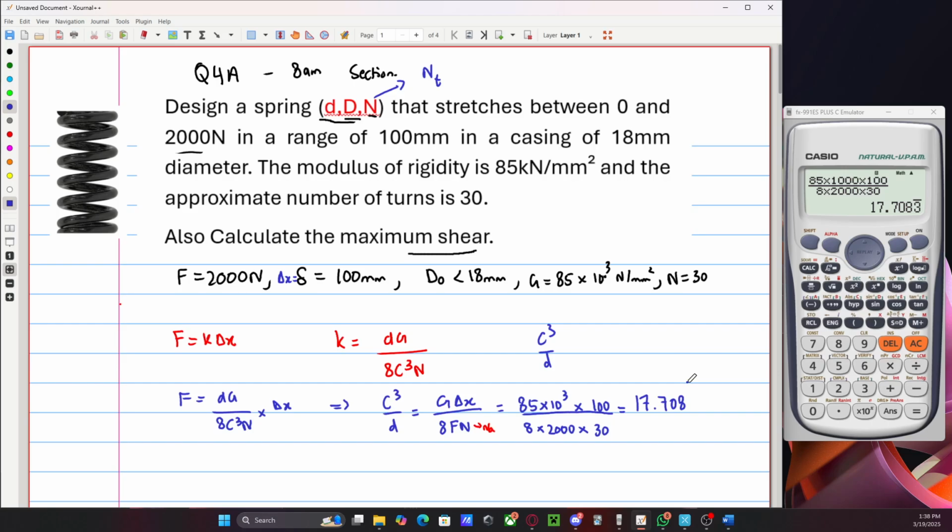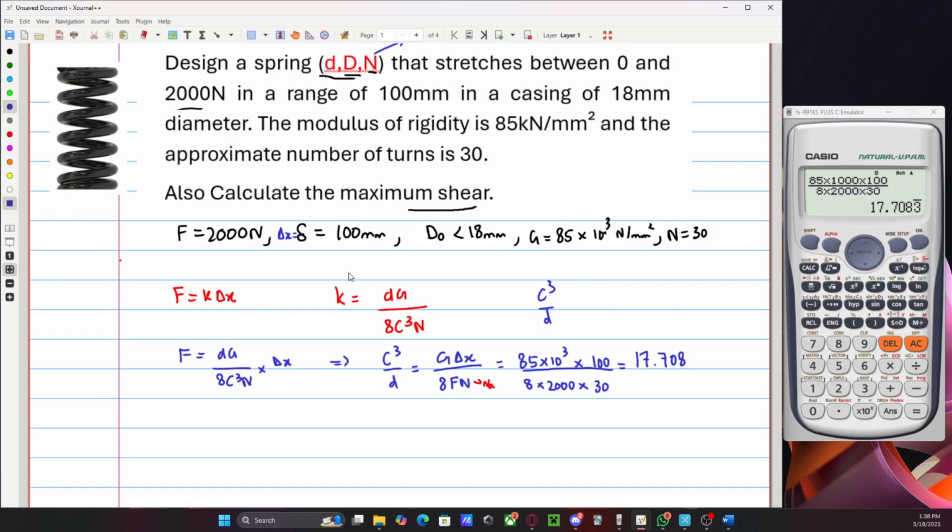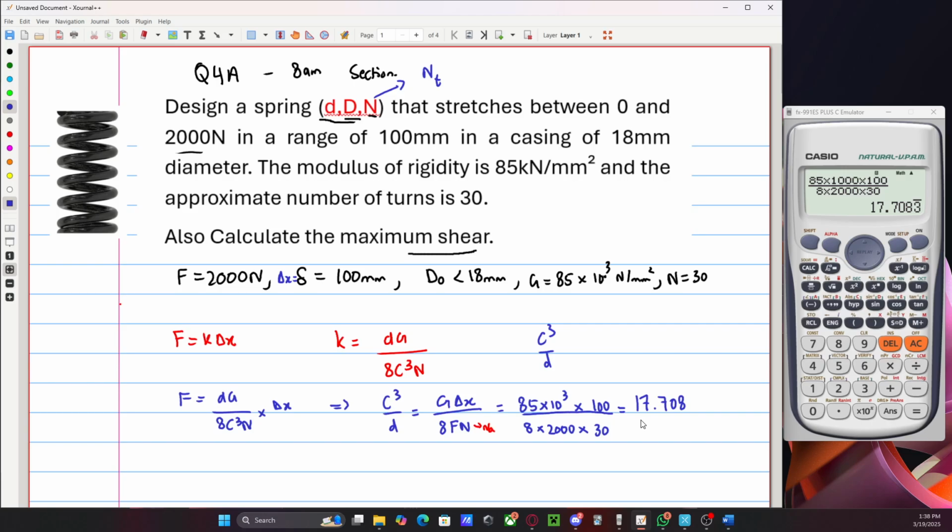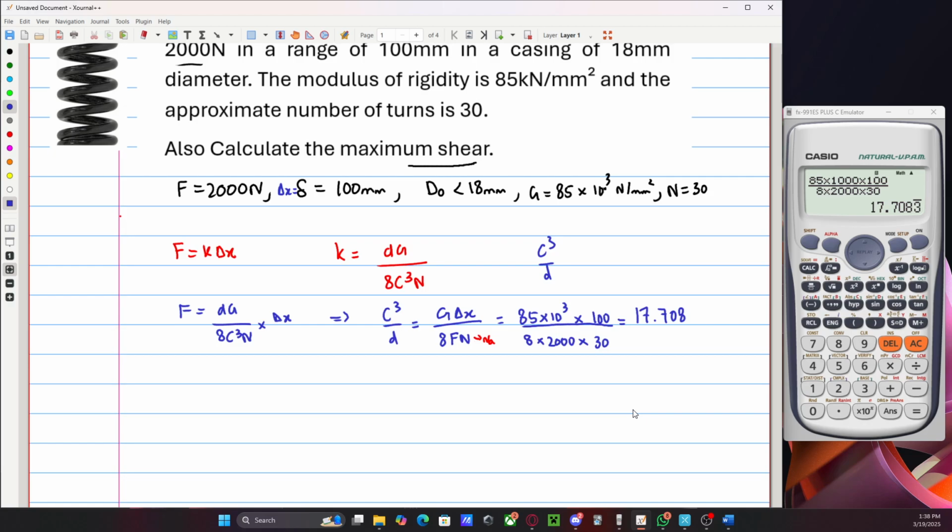Now you can assume many diameters here, but this is a small number, so we're probably going to go with, let's say, 3. So let's assume d equals 3 millimeters.